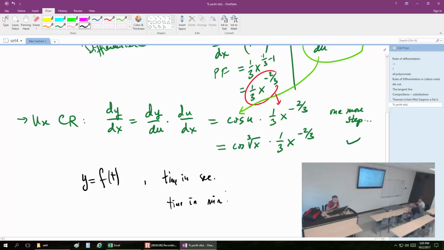What is my new function? Y equals what? F of t over 60. Divided by 60, right. F of t over 60. So that is the composition, right?